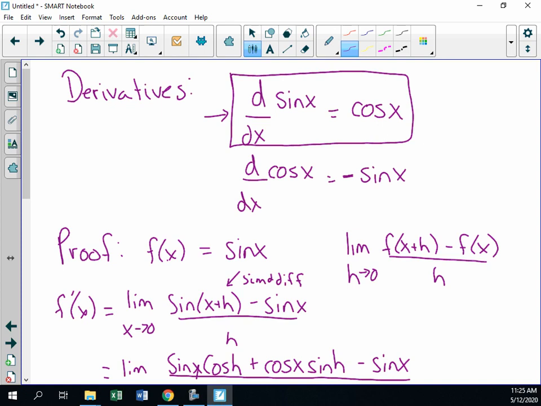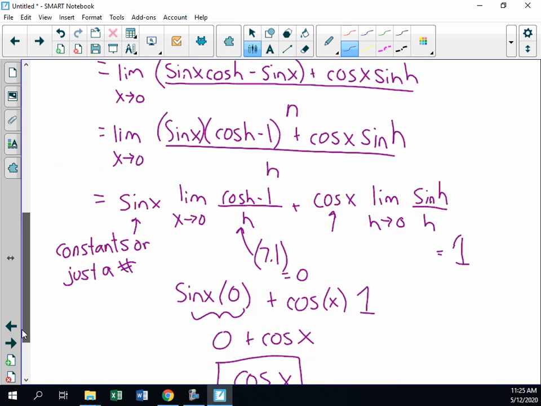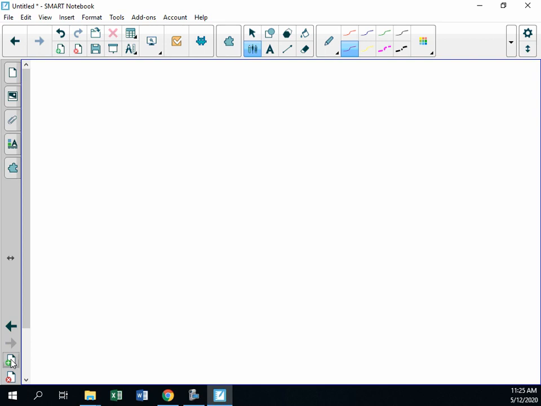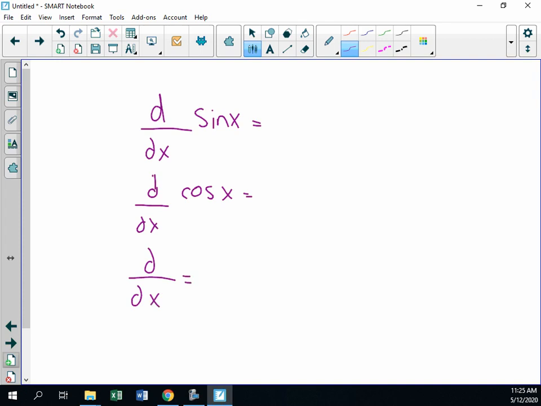And the proof for the second one is the same. So you guys will have a formula sheet where you will have all of the different derivatives. So to add to our list, we have the derivative of sine x, the derivative of cos x, the derivative of tan x.